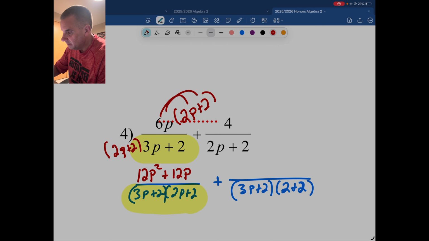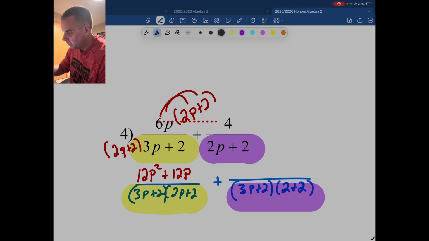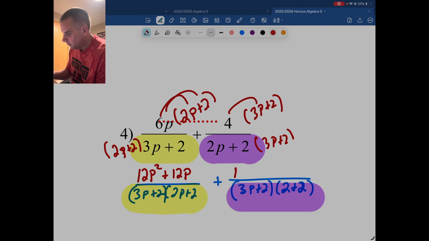Compare the second ones. I've got to multiply 3p plus 2 in both of them. 3p plus 2 and 3p plus 2. That's 12p plus 8.